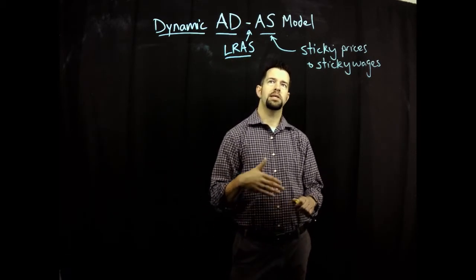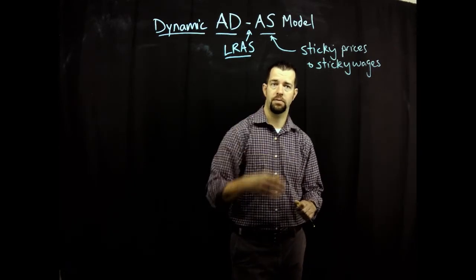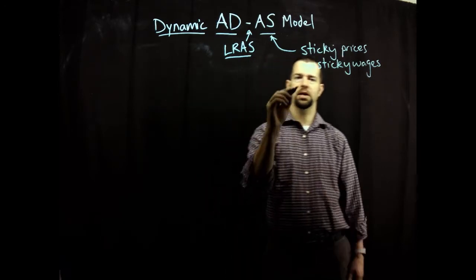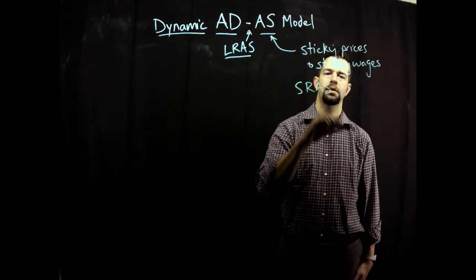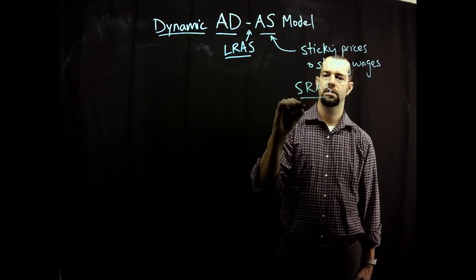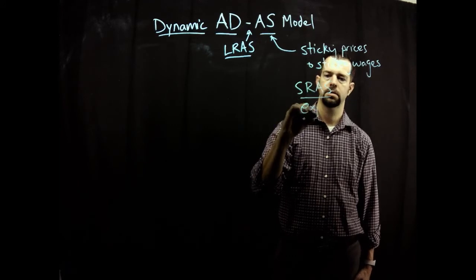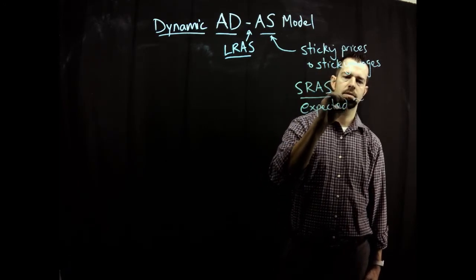The aggregate supply curve of this model, also known as the short-run aggregate supply model, is based on an expected inflation rate.